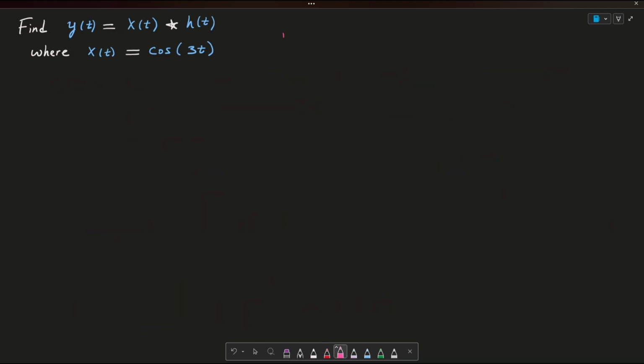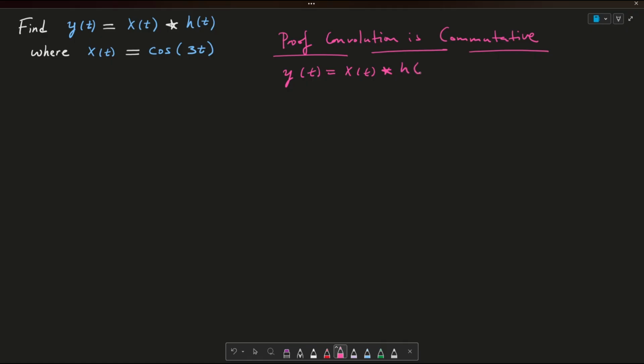Okay, so the last thing I want to do is prove that convolution is commutative. And essentially this means that if I take y of t equated to x of t convolved with my impulse response h of t, I get the same answer if I take h of t convolved with my input x of t.